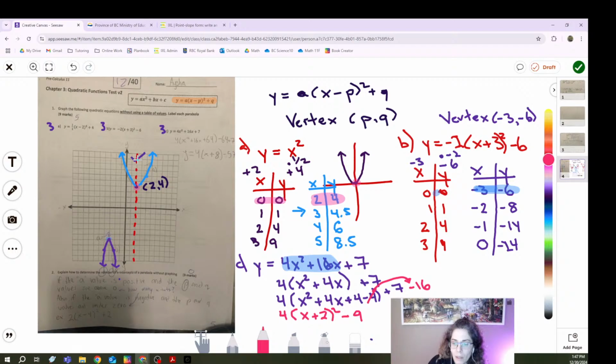Okay, the other thing that I'm noticing, which seems impossible, if I was looking at the y-intercept, what would the y-intercept of this equation be?